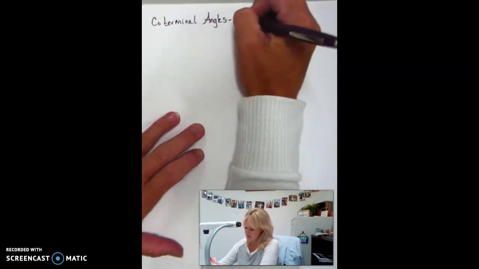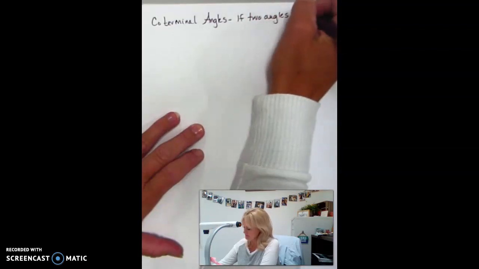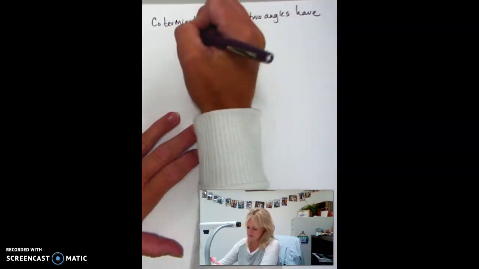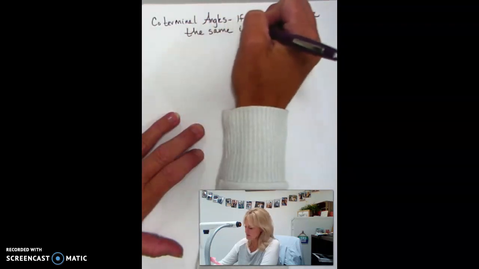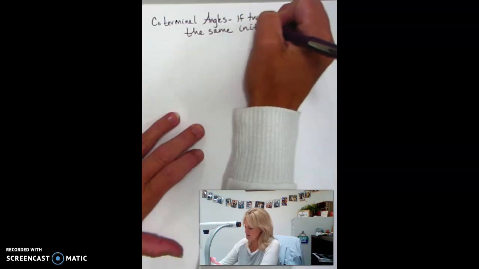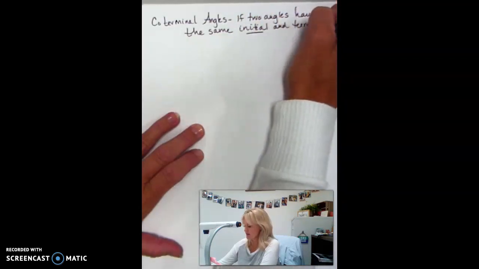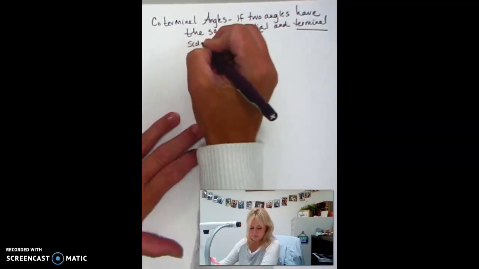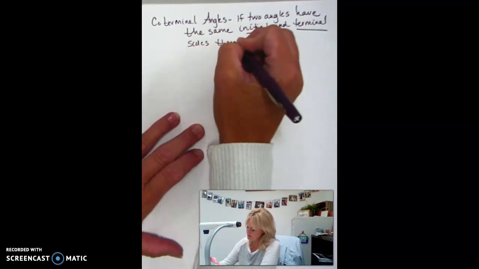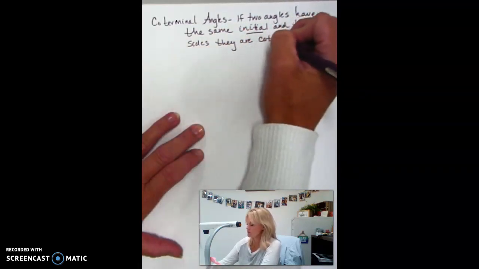So if two angles have the same initial, remember that's your starting side, and terminal, that's your ending side, sides, they are coterminal angles.